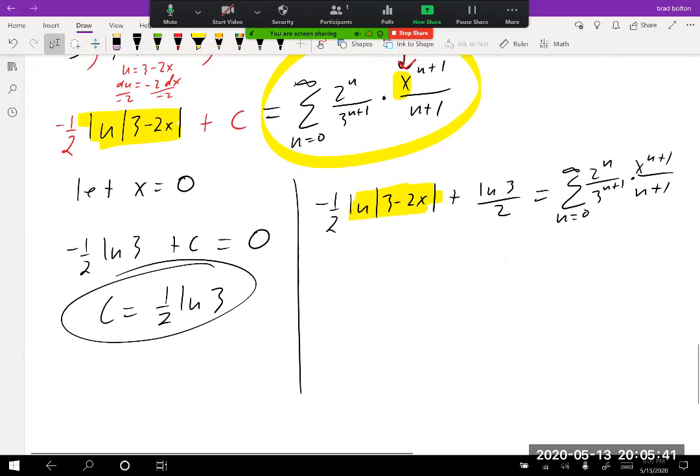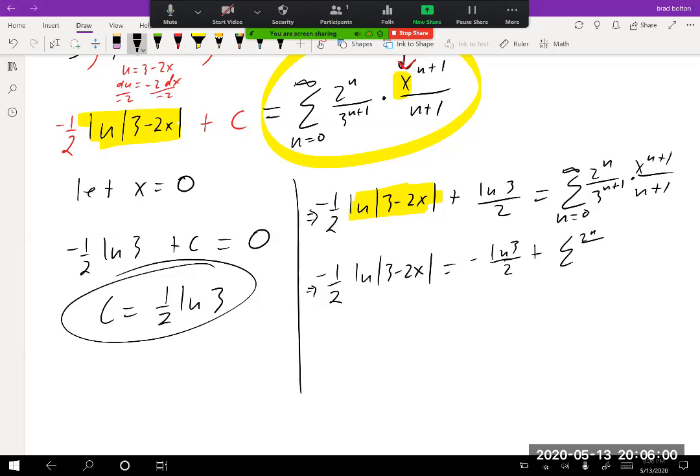So we're going to isolate that. We're going to have -1/2 ln of the absolute value of 3 minus 2x equals negative ln of 3 over 2 plus the summation of 2 to the n over 3 to the n.